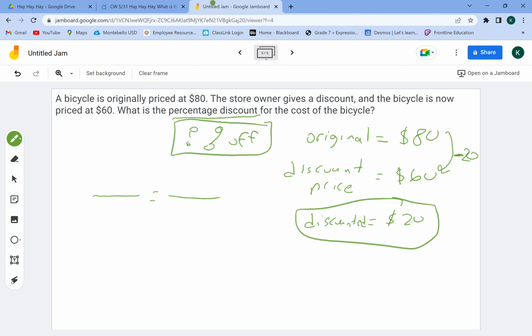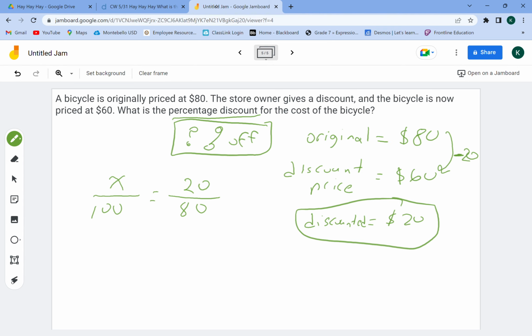I have 100, because that's my original, out of 80 here. I misspoke there, my bad. I still don't know the percent, but I do know that they took off 20 bucks. So instead of a 60, I put the 20 up here.